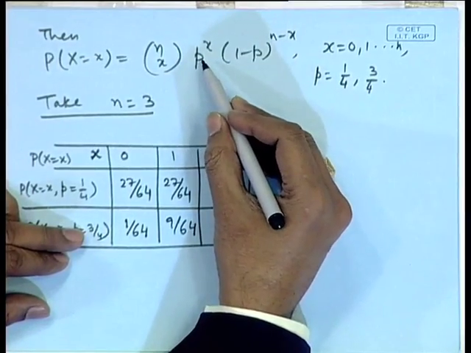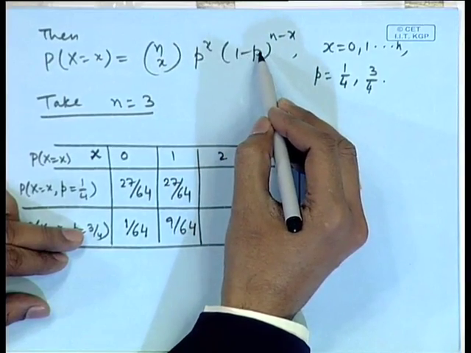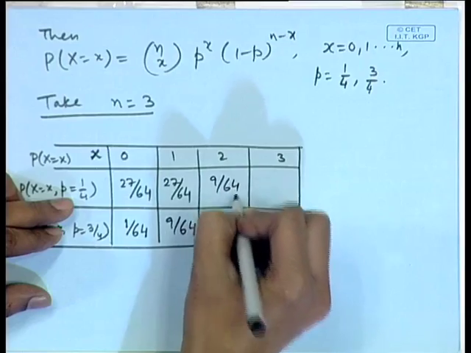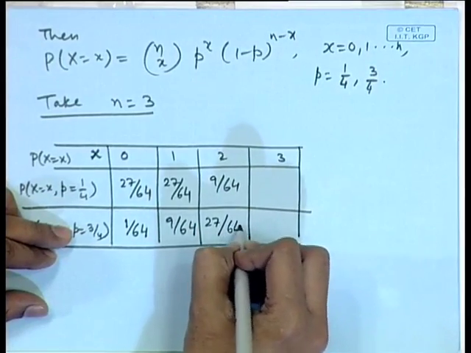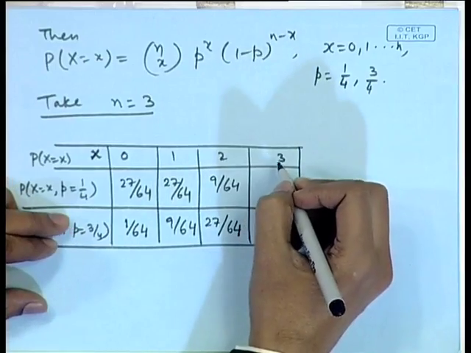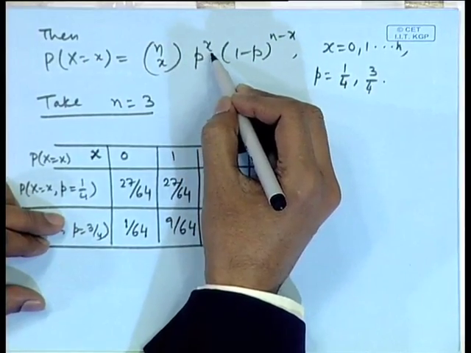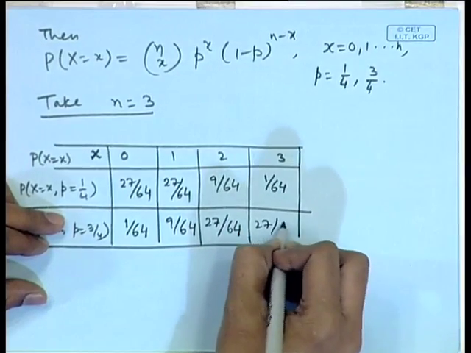When x equals 2, you will get 3p square into (1 minus p). So, for p equal to 1 by 4, this becomes 9 by 64, and for p equal to 3 by 4, this becomes 27 by 64. For x equal to 3, this probability simply becomes p cube. So, it is 1 by 64 and 27 by 64.